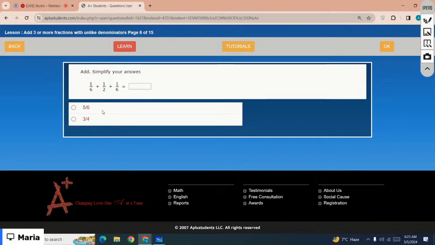Option number 1 is correct, 5 over 6 it is. Okay, you can complete the lesson by yourself later today. So let's move on to the next lesson.